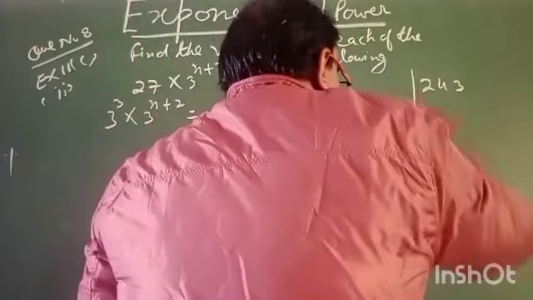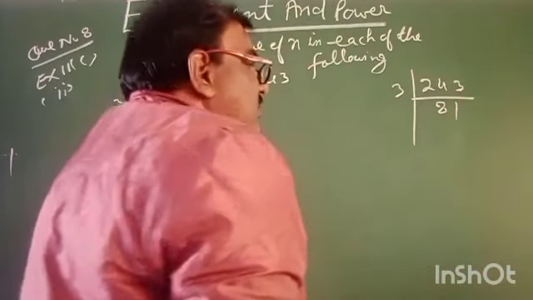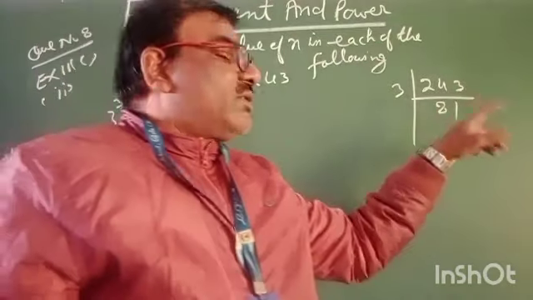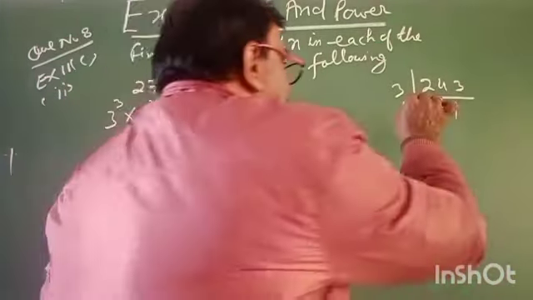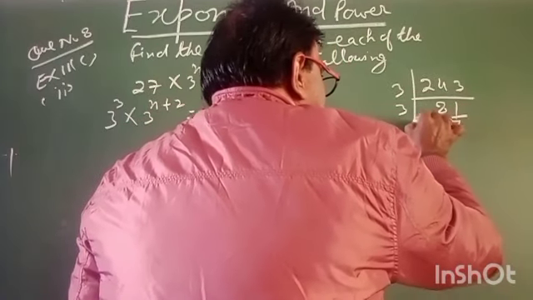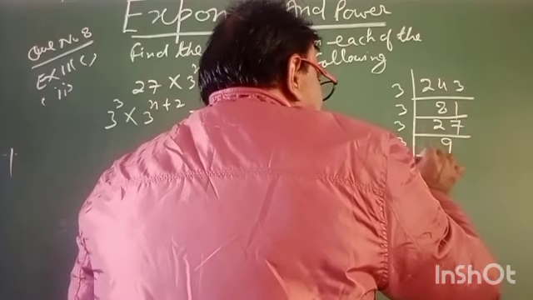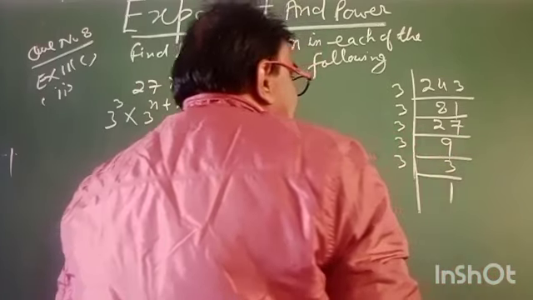So 3 eights are 24 and 3 ones are 3, which gives 81. Now 8 plus 1 is 9, and 9 is divisible by 3, so 81 is divisible by 3. 3 twos are 6, 3 sevens are 21. Now 3 nines are 27, 3 threes are 9, 3 ones are 3.